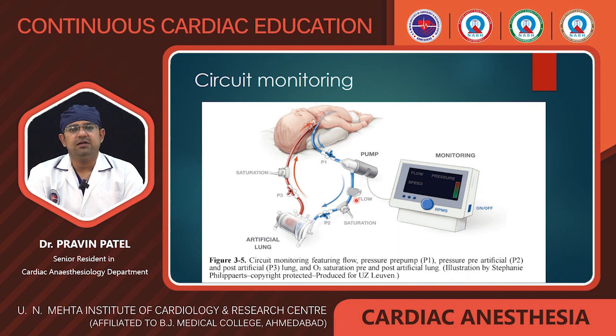Now there comes the P2. P2 is present between the pump and the oxygenator. The pressure of P2 always has to be more than the pressure of P3, because if the pressure of P3 increases, then there is an increased afterload and the functioning of the oxygenator becomes hampered. So it is very important to monitor the pressure. Another important thing is the management of RPM.